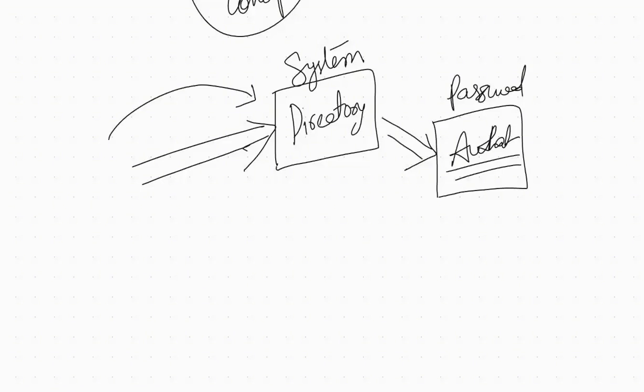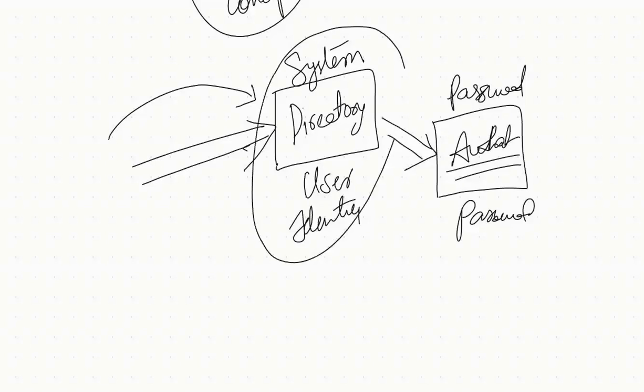Your user identities are stored here, and your passwords are stored here. So a user is there in this directory only, directory 1. But because your password is stored in directory 2, there is a pass through authentication from one system to another system. This is called pass through authentication.